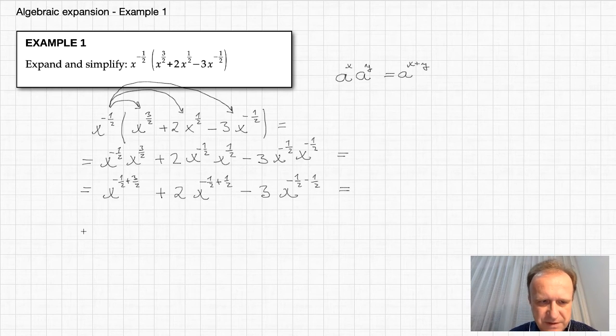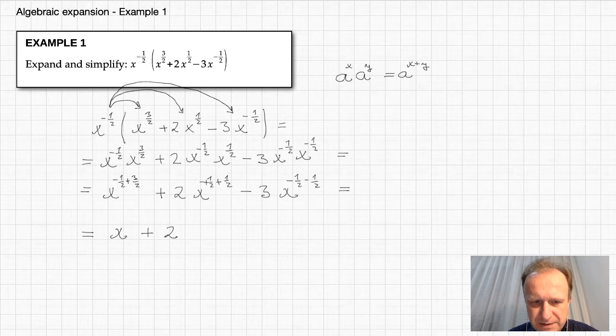Okay, so this equals, now I have to add the fractions, so it's x to the power of, you can see, negative 1/2 plus 3/2 gives you 2/2, which is just 1. So it's just x to the power of 1. I do not need to write power 1 because x itself is x to the power of 1, so I leave it as it is, plus 2 times.